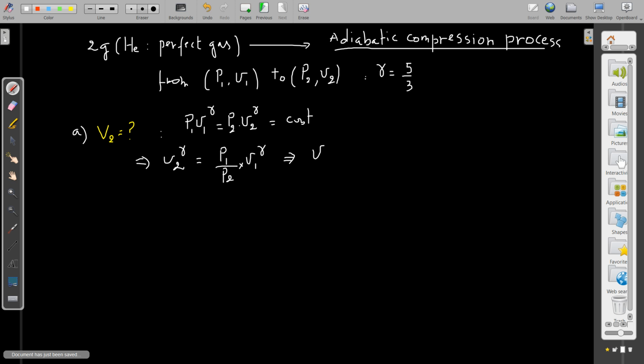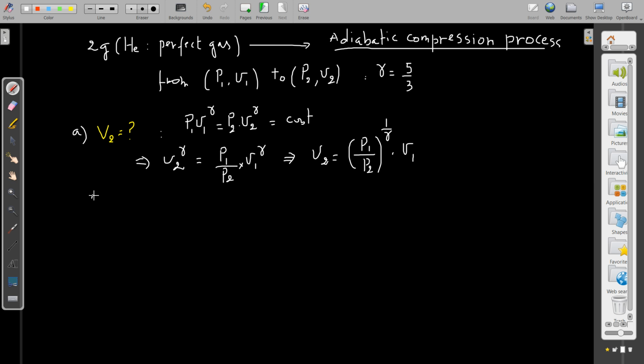So V2 equals P1 over P2, and be careful here, to the power of 1 over gamma, multiplied by V1. These are rules of exponents, so V1 without gamma.